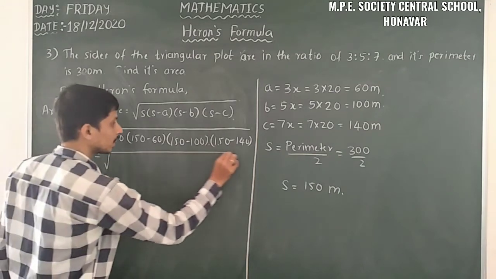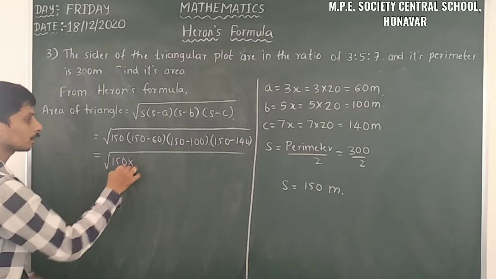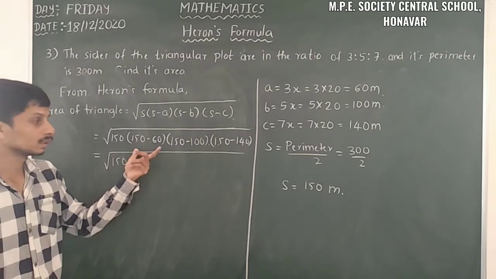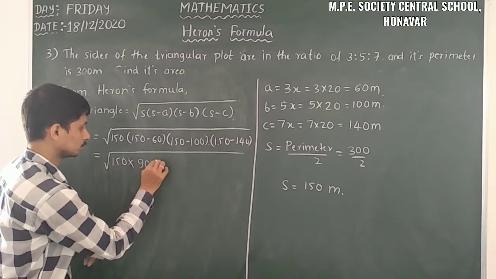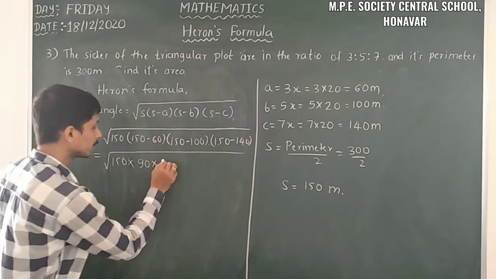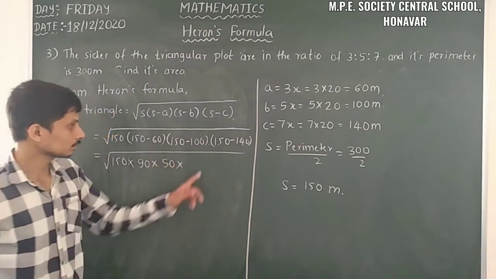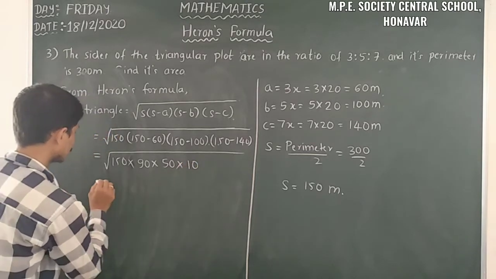Then take the square root, and inside we have 150. What's 150 minus 60? It is 90. Then 150 minus 100 is 50. Then 150 minus 140 is 10.